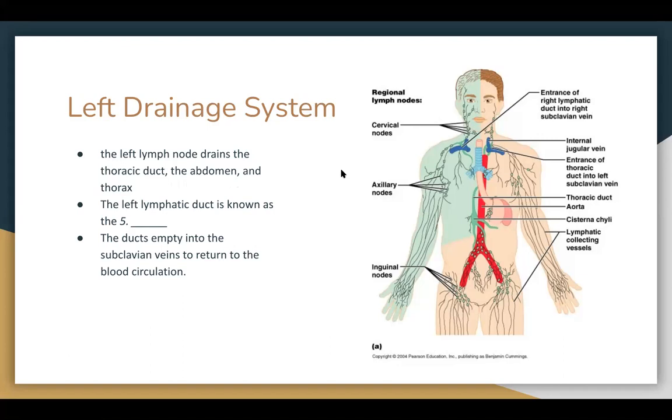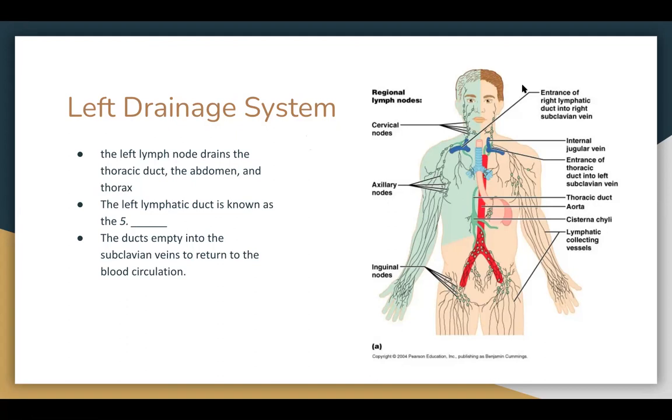It's not called the lymphatic duct, unlike the right system. So hopefully it's not too confusing. And it's not the left thoracic duct, it's just your thoracic duct. That is where the rest of your lymph goes. And then similar to the right side, it drains into your left subclavian vein, unlike the right, which drains into the right subclavian vein. So that is that.